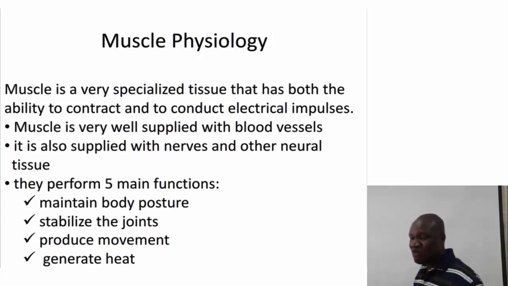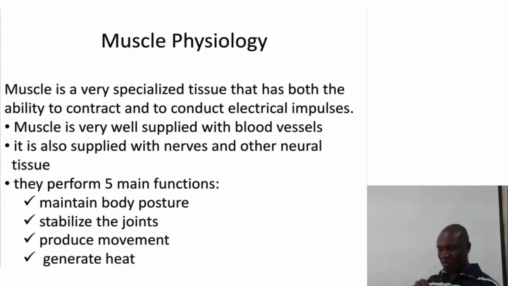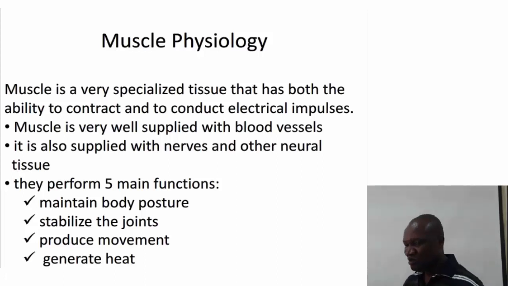And the muscle performs 5 major functions in the body. It helps us maintain posture. Sitting down, walking about, standing upright. These are all ensured by muscle so that we don't topple over. That's how it helps us maintain body posture. Then it stabilizes the joints. It produces movement.